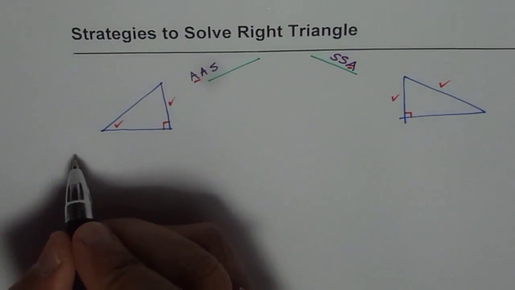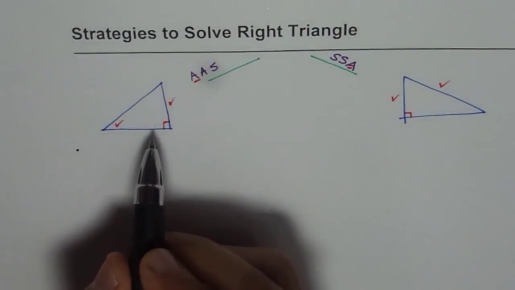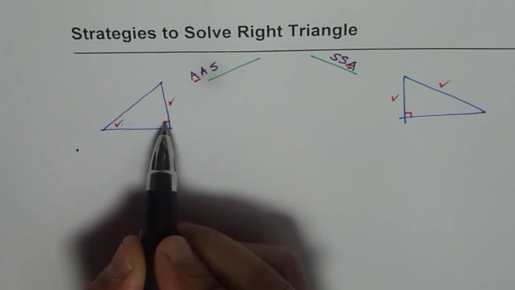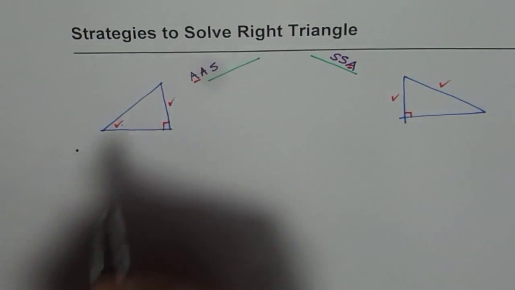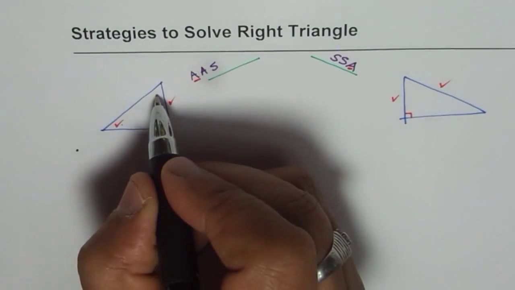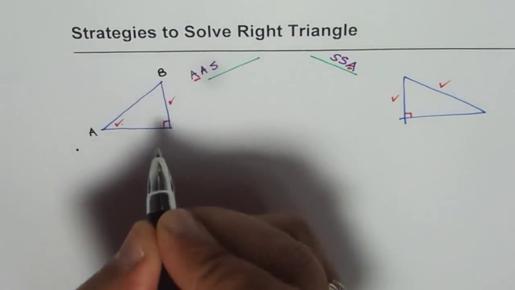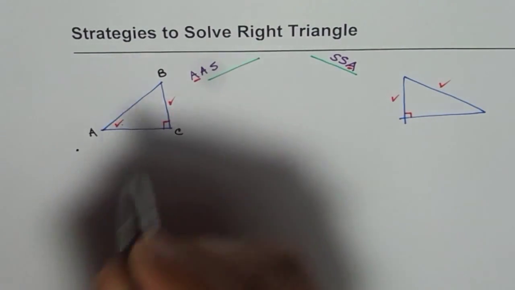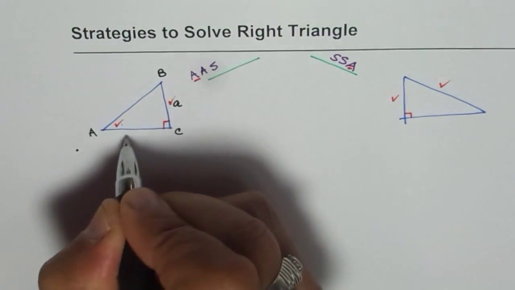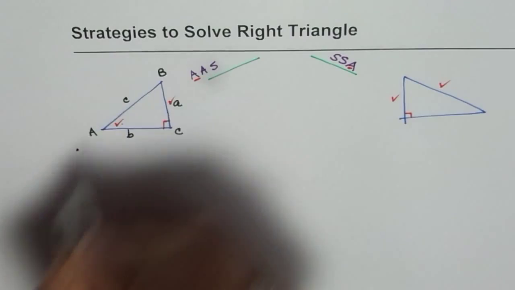The steps will be, in this particular case, since we know two angles, find the third angle. So now let me label it. Let's say our triangle is A, B and C. Then the sides will be labeled as small a, small b and small c, correct?